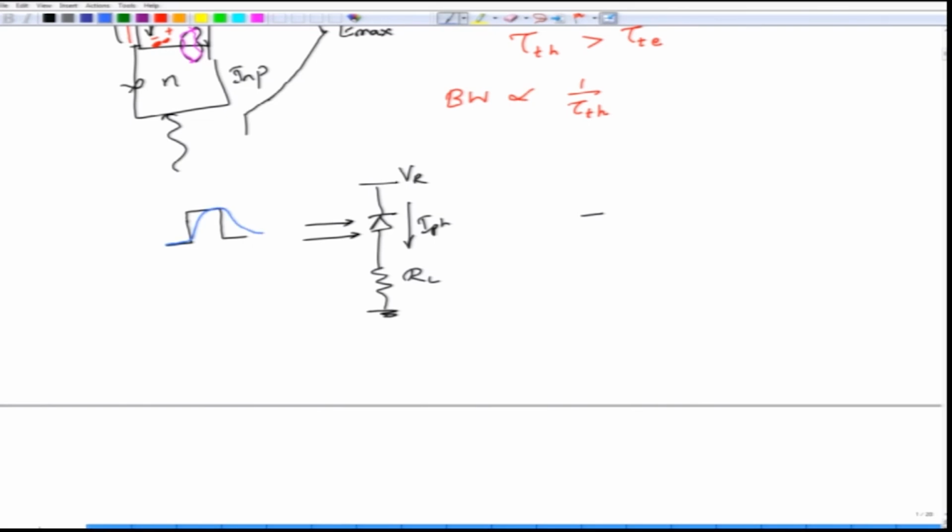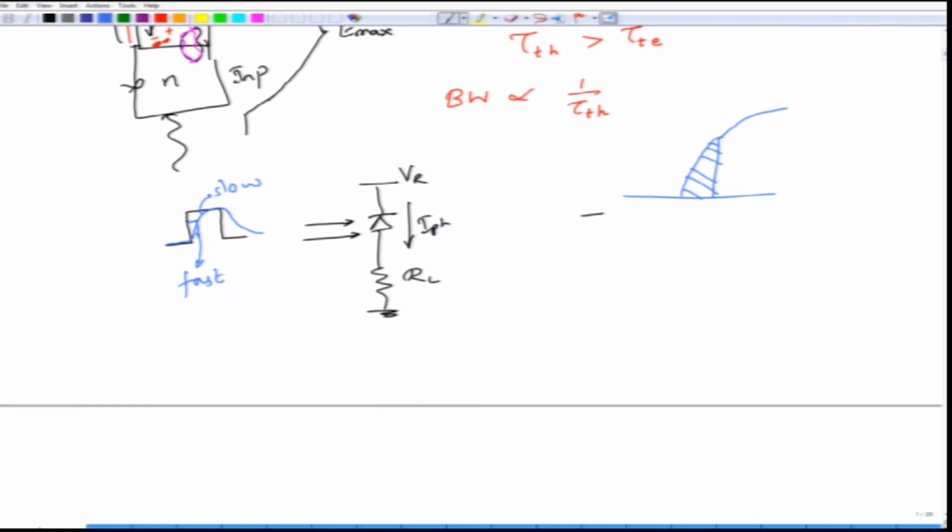In fact, you can see that initially there will be a fast response, then there will be a slow response. I might not have succeeded in writing those responses clearly to show you, maybe the fast response is the one which takes you up to 50% of the final value, and then a slow process takes over. This fast process is because of the drift components, they have been generated and have reached, but now the diffusion time becomes larger.